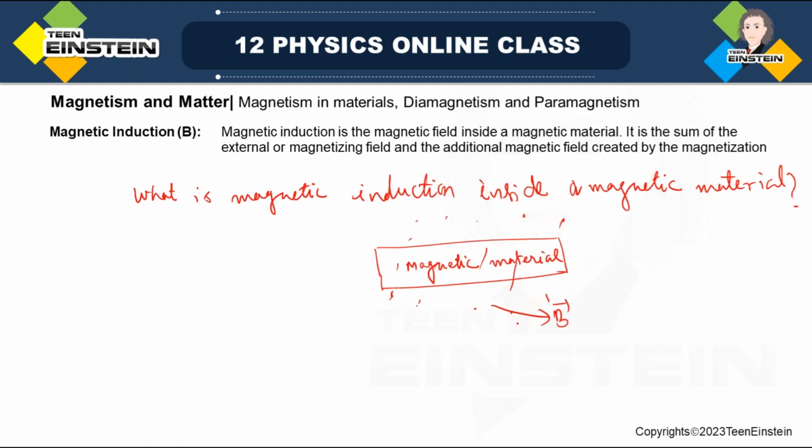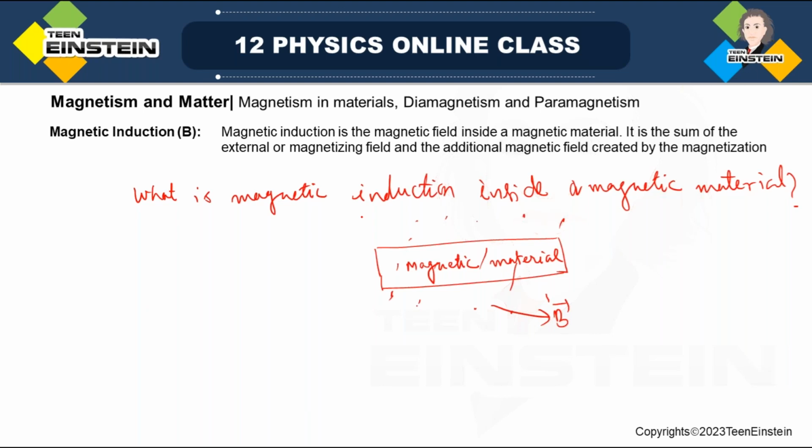Okay, so the magnetic induction which is produced inside a material is actually the resultant of two things.